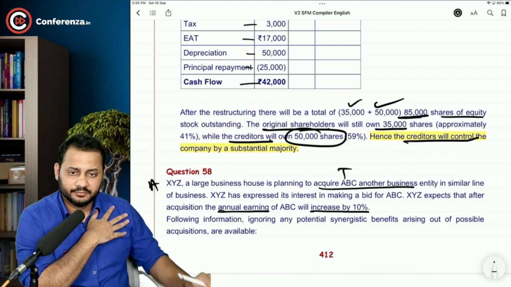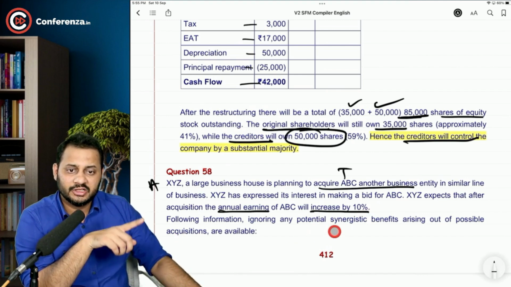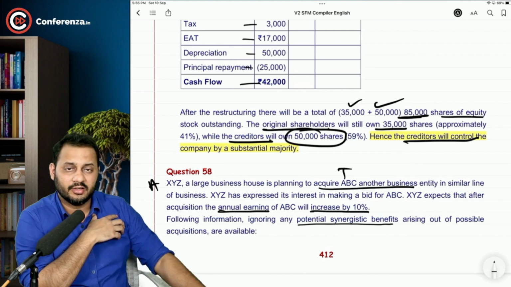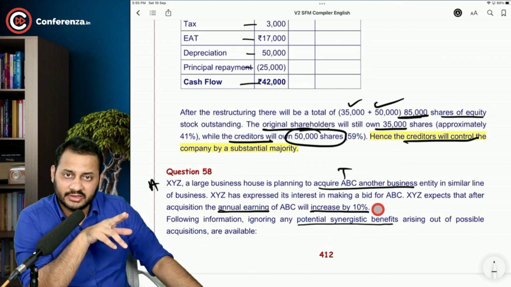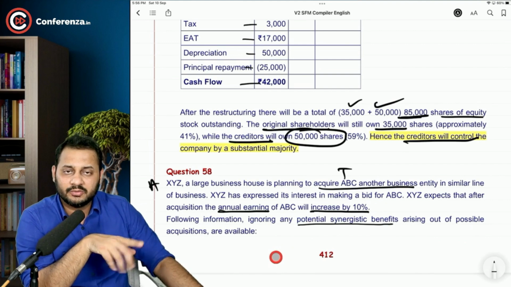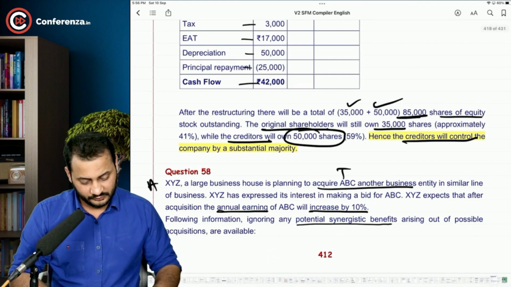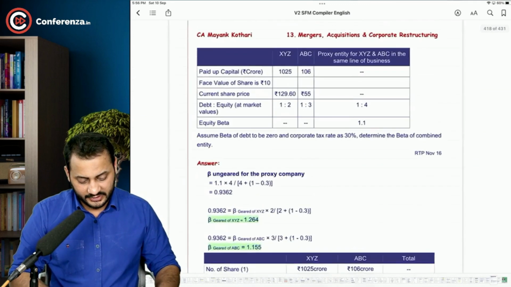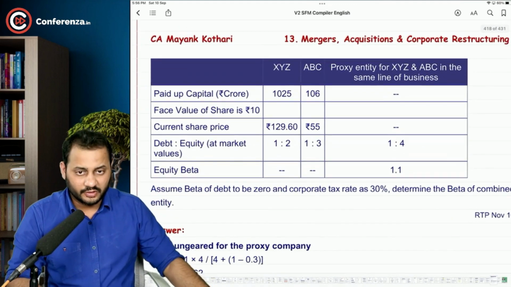Ignoring any potential synergistic benefit, whatever the benefit will be, that is 10%. This 10% is the potential synergy benefit arising out of the possible acquisition. Without considering the synergy benefit, the details are given to you. Please focus.